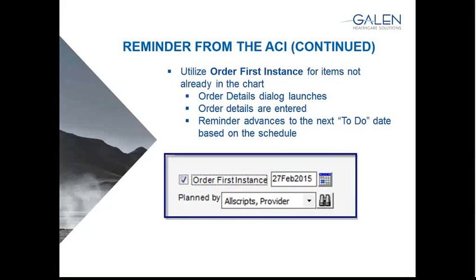And finally, keep in mind that if this is the first instance of an order, you utilize the Orders First Instance checkbox. The Orders Detail dialog will launch. The provider would complete the order details, and then the reminder itself advances to the next to-do date based on the schedule that's entered.